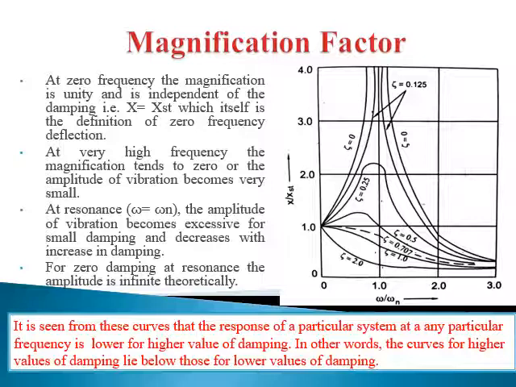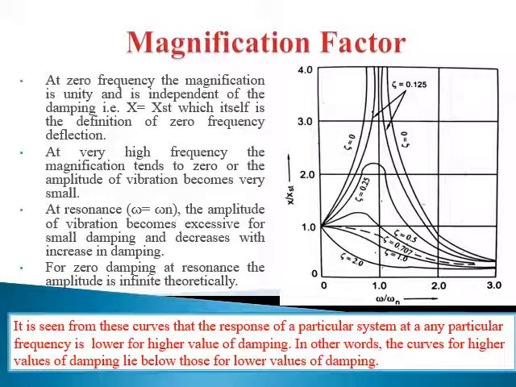At very high frequency, when omega by omega n is very high, like 3, 4, 5, then X by X static tends towards 0, and the amplitude of vibration becomes very small. There will be no amplitude of vibration. X becomes 0.